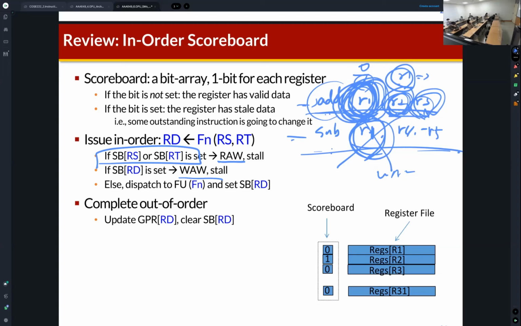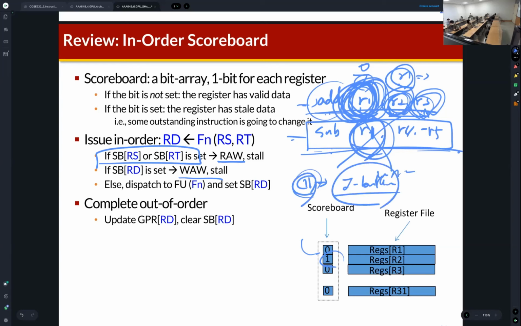And if all registers are ready, then the scoreboard sets the readiness bit of the instruction buffer, and if the readiness bit is 1, then this warp can be issued. Okay, it's very simple, right?